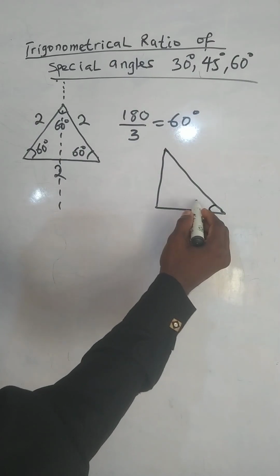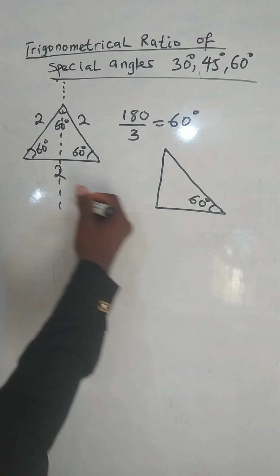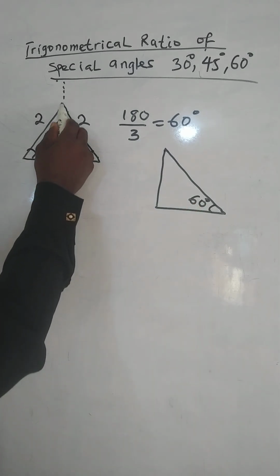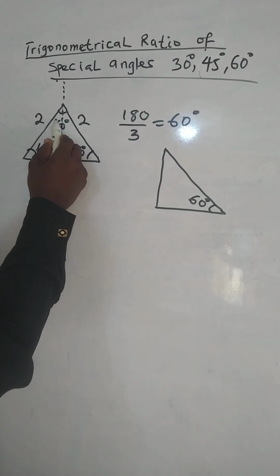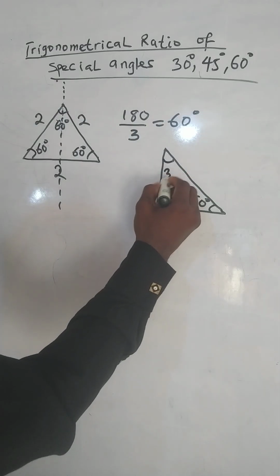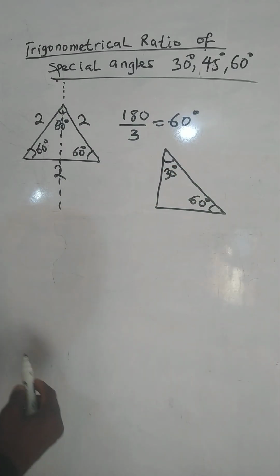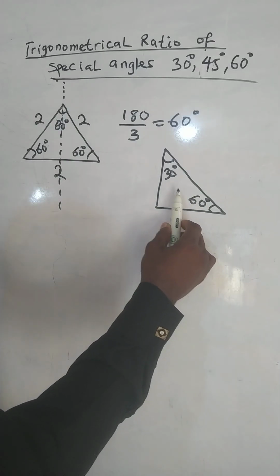And this angle is 60 degrees. If I divide 60 degrees into 2, then one part will be 30 degrees and the other part will be 30 degrees. So we bring out one part of it, which has 30 degrees. And the sum of angles of a right angle triangle is 90 degrees.